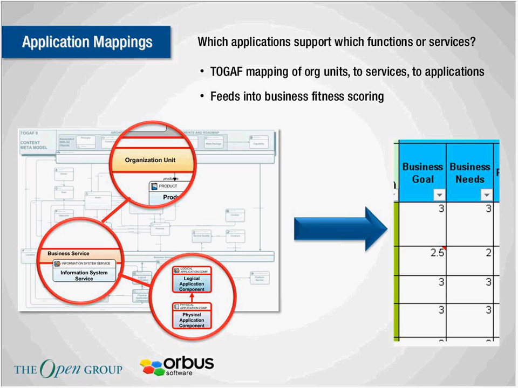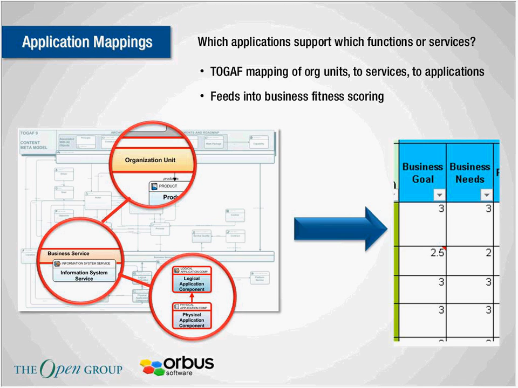And then a business service is supported by an information system service, which is supported by a logical application component, which is implemented by a physical application component. But by tracing through, by doing this layer of mapping, you've immediately got an indication of whether a particular application is supporting your business.